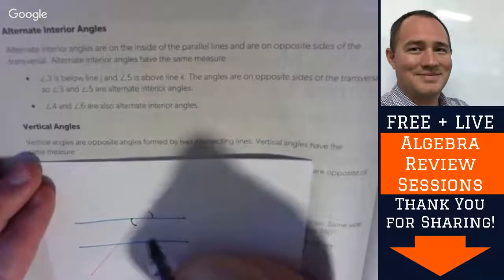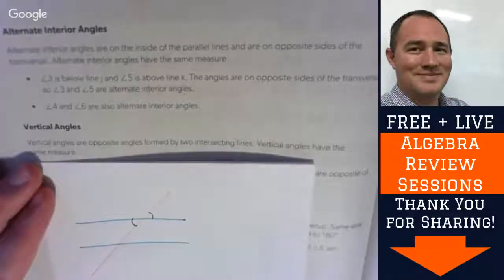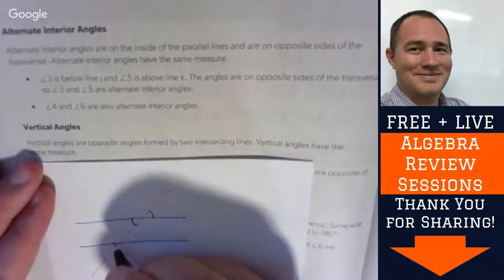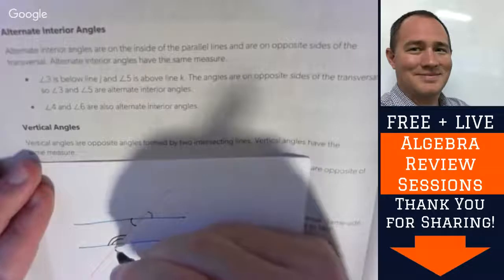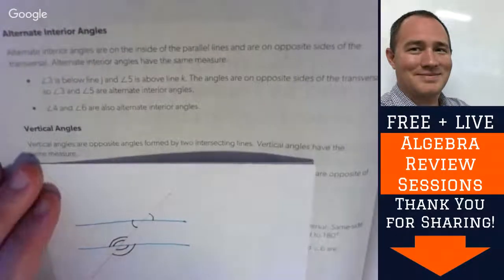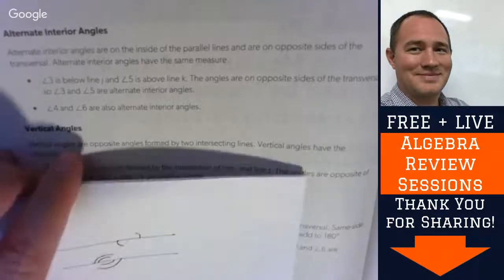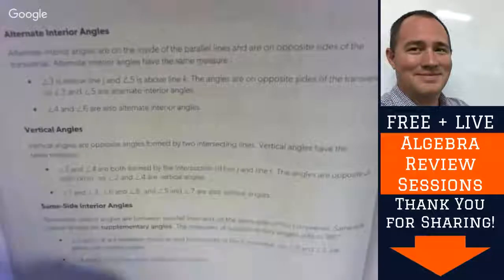So not next to, but opposite. Another example would be like this one, and this one's buddy would be on the opposite side of that intersection, over here. Fair enough. Okay.